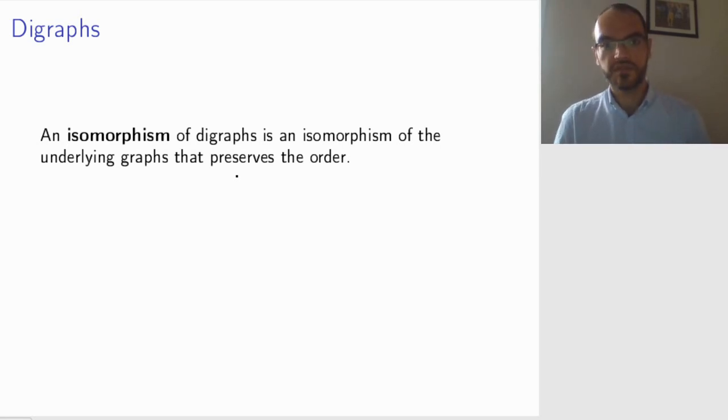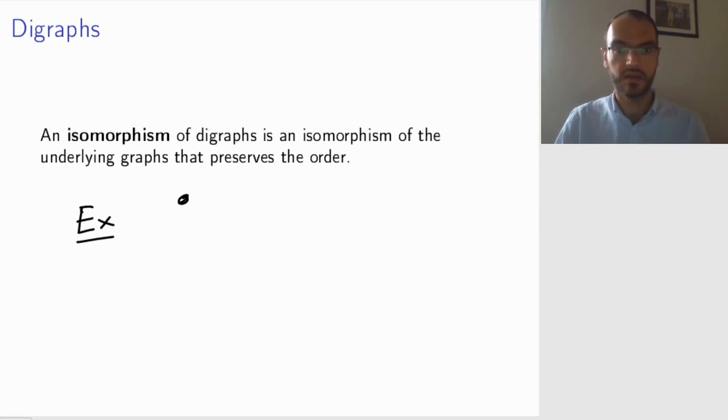Now, what is an isomorphism of digraphs? An isomorphism of digraphs is the same as an isomorphism of graphs. So it's an isomorphism of the underlying graphs, but also preserving the order. So let's look at the following examples. Let's look at this digraph, this digraph, and this digraph.